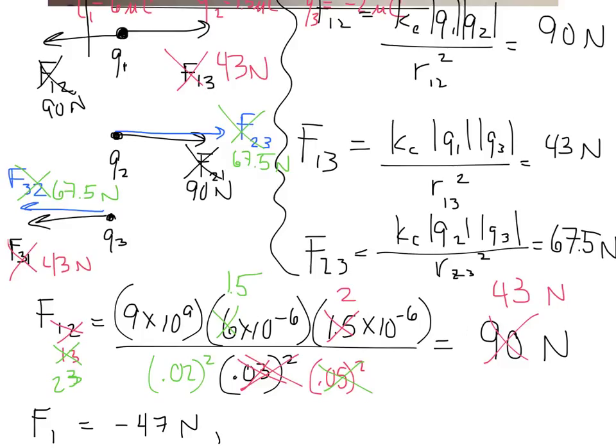The second particle. It's getting 90 to the right. It's feeling a pull of 90 to the right and 67.5 to the right. Since they're both to the right and they're both positive, we add them together, giving us a value of, good, 157.5, and that's to the right.